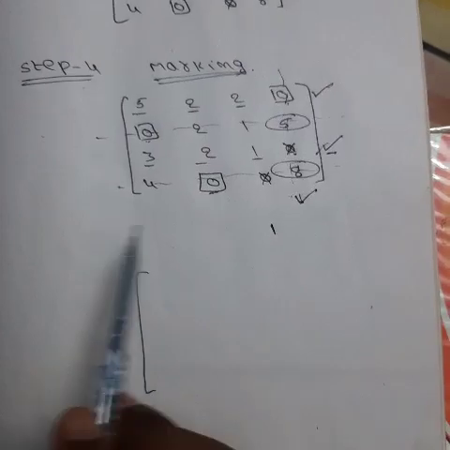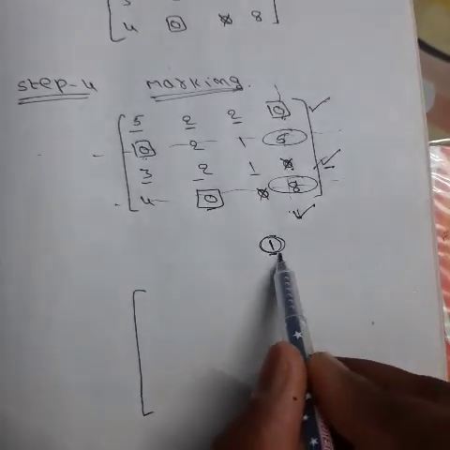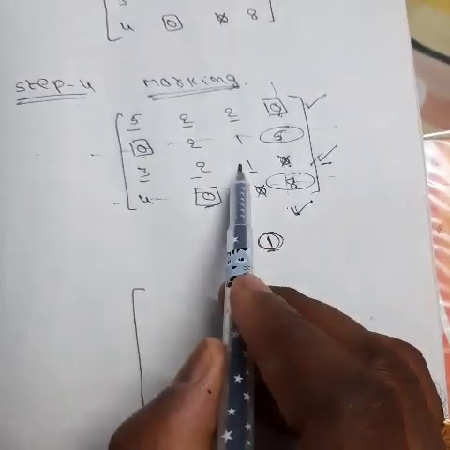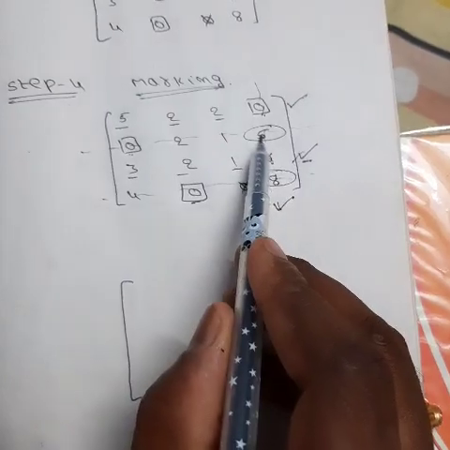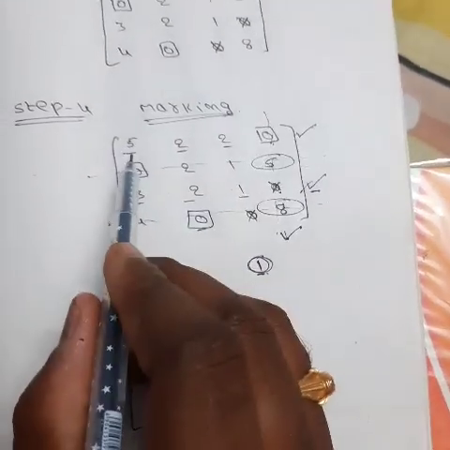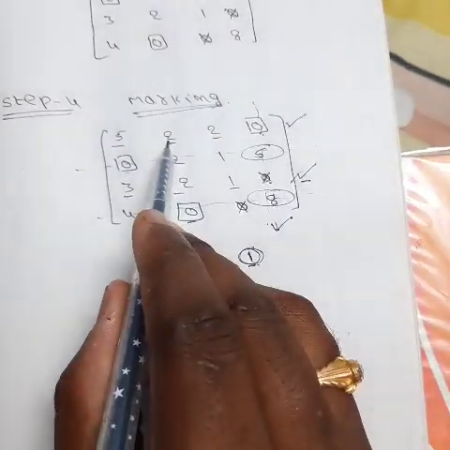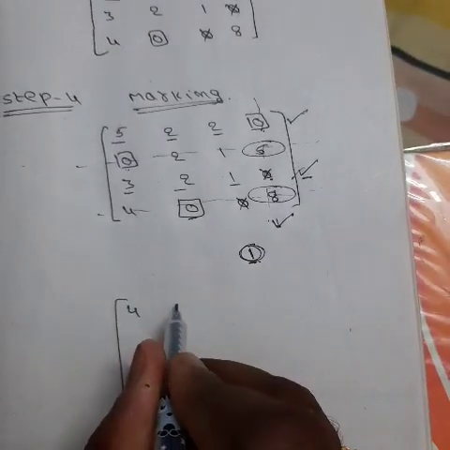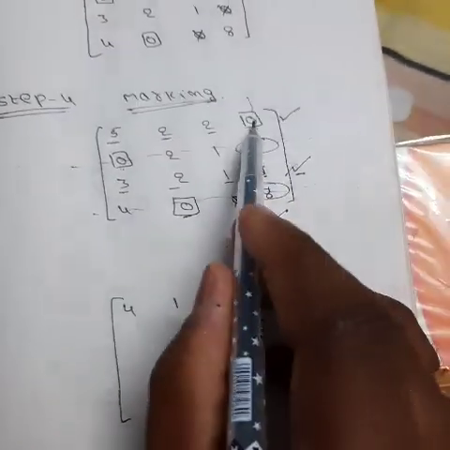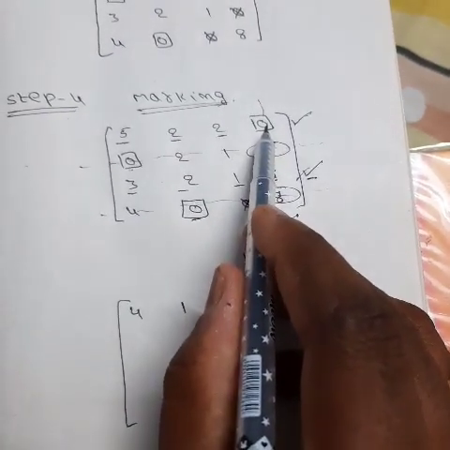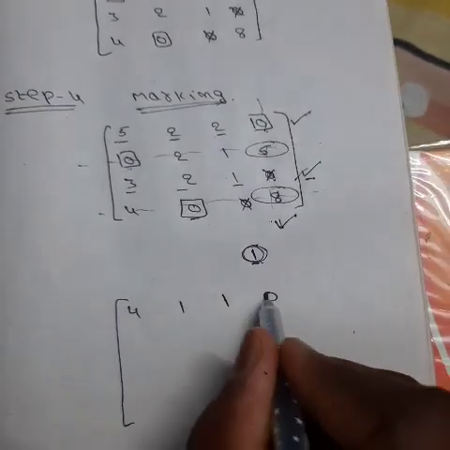assignment table. Simply subtract this least number from the numbers which don't have strike-off lines, and add it to the intersection places. So 5 minus 1 is 4, 2 minus 1 is 1, 2 minus 1 is 1. 0 has a striking line, so 0 can never be subtracted from 1, so 0 remains the same.